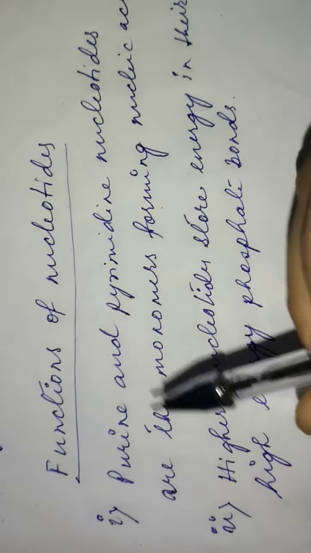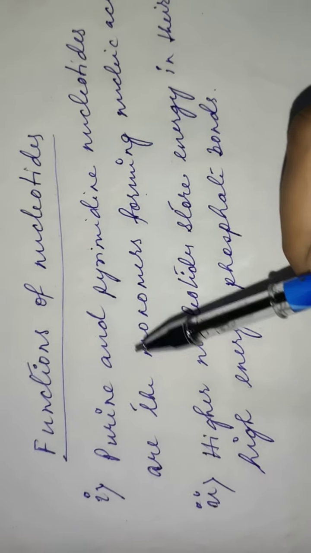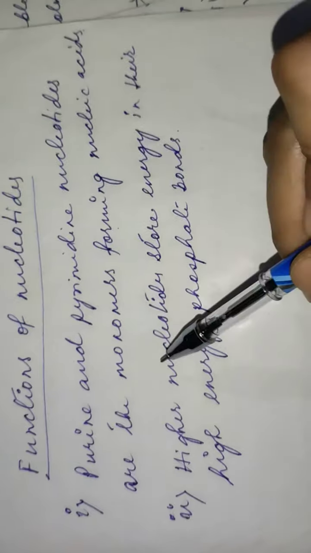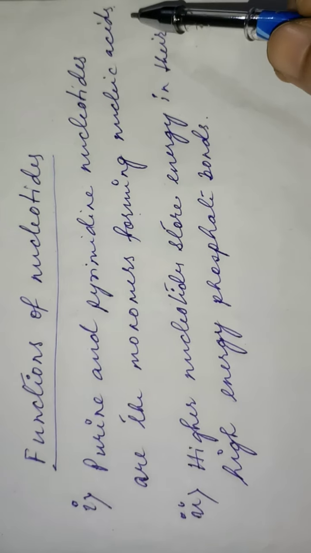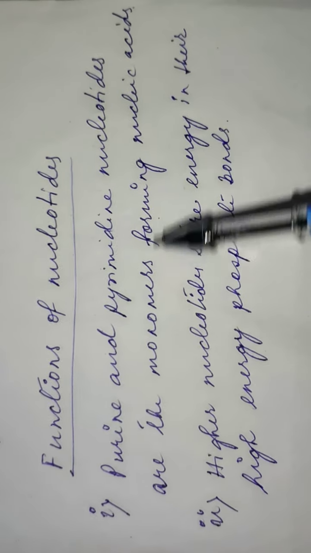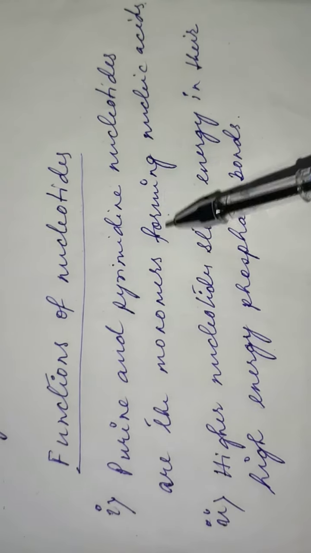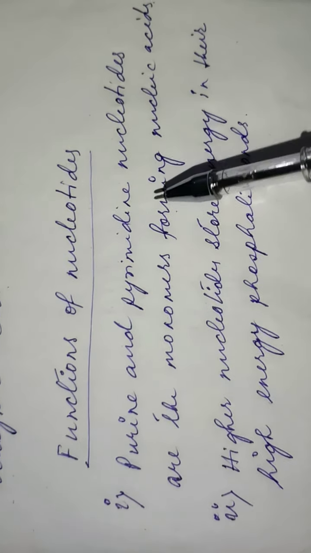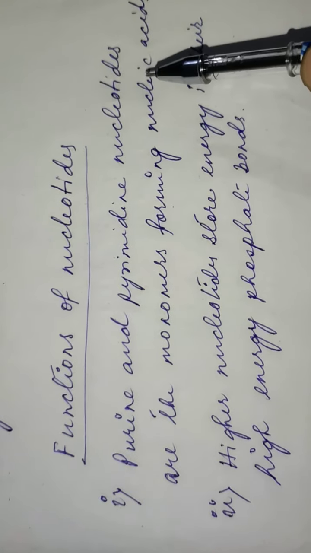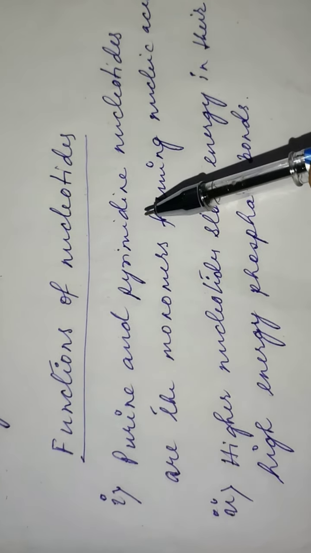now we will discuss the functions of nucleotides. Number 1, purine and pyrimidine nucleotides are the monomers forming nucleic acids. I have just mentioned that nucleotides are the monomers of nucleic acids. Now what is the meaning of purine and pyrimidine nucleotides? We already know what is purine and what is pyrimidine.